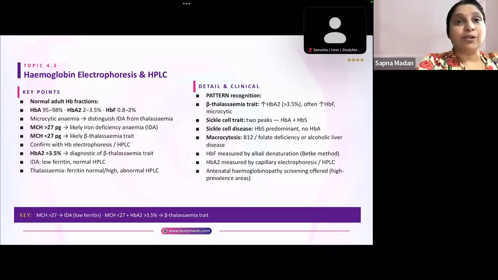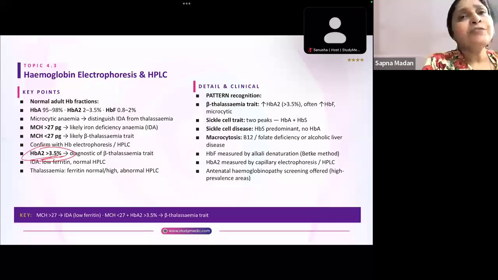And in the HPLC, if the level of HbA2 is more than 3.5%, okay, this value is important, then that is diagnostic of beta thalassemia trait. In iron deficiency, you go on further to measure the ferritin. The HPLC, of course, will come out to be normal. In thalassemia, the ferritin may be normal or high, and there will be abnormal HPLC.